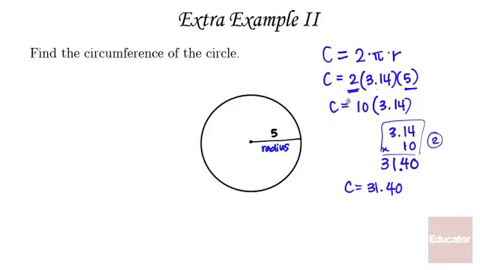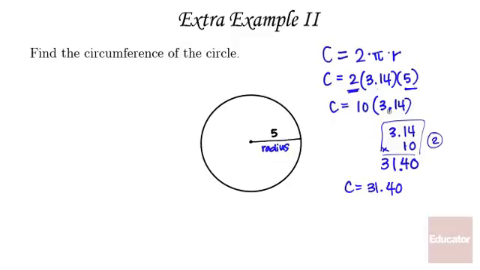Now, when I multiply by 10, there's a shortcut. When you multiply by 10, you see how many zeros there are. 10 has only one zero, so you take the decimal point and move it one space.